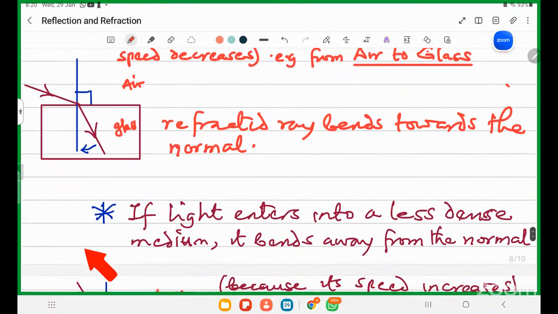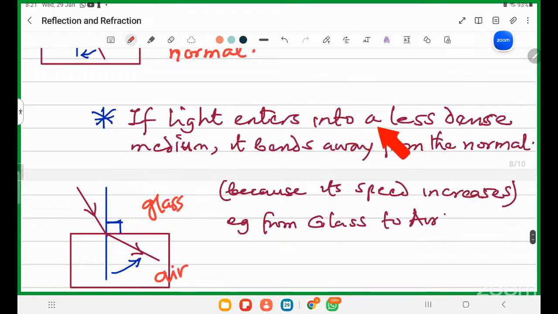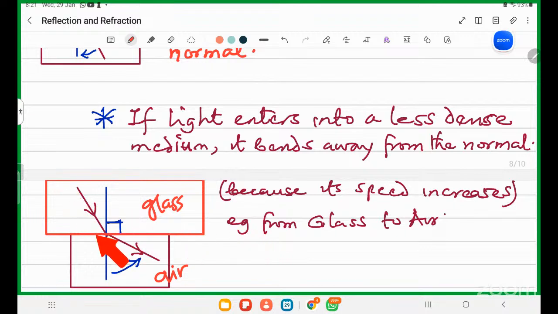And another situation is if the light enters into a less dense medium, it bends away from the normal. Okay, so it enters a less dense medium, meaning it's moving from glass now. So this region now, we have the glass here. Okay, the whole of this place, we have the glass. So the ray of light is coming from a denser medium and it enters the air, which is less dense.